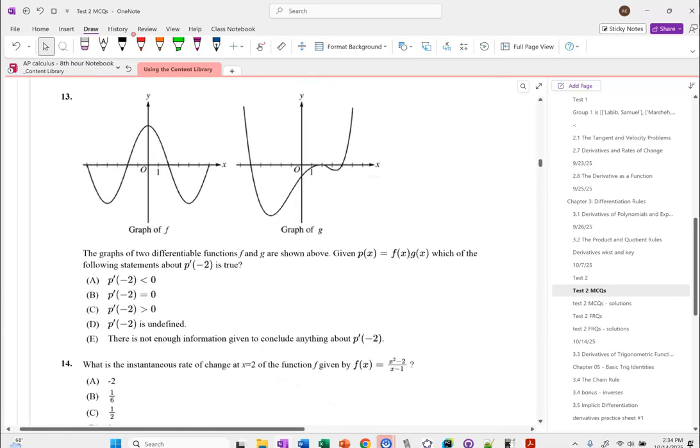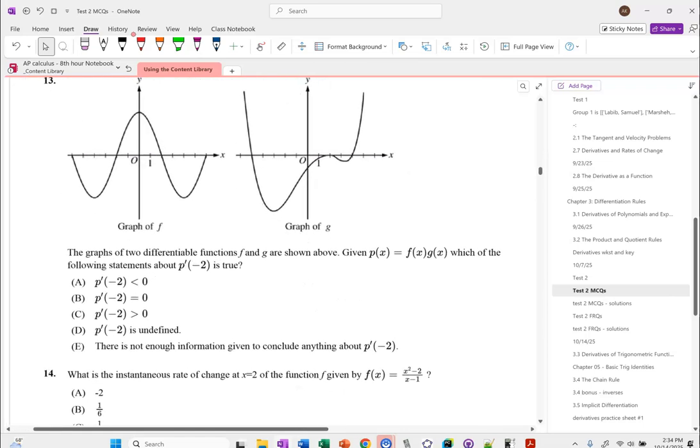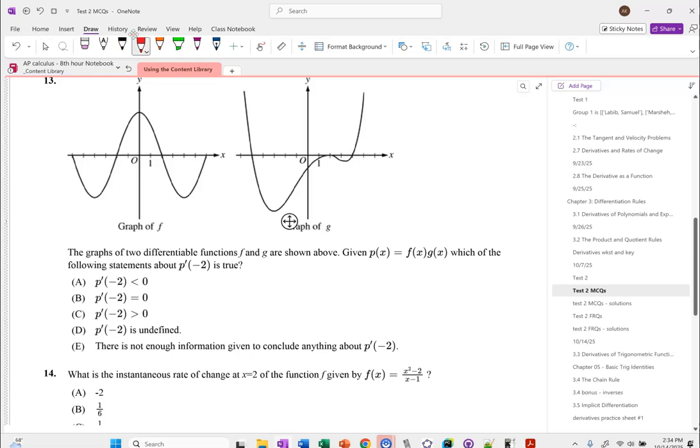Ooh, I like this. Two differentiable functions f and g are shown. P of x is equal to f of x times g of x. Which of the following statements about p prime of negative 2 is true? So what's the formula for p prime? f prime x times g of x plus g prime x times f.